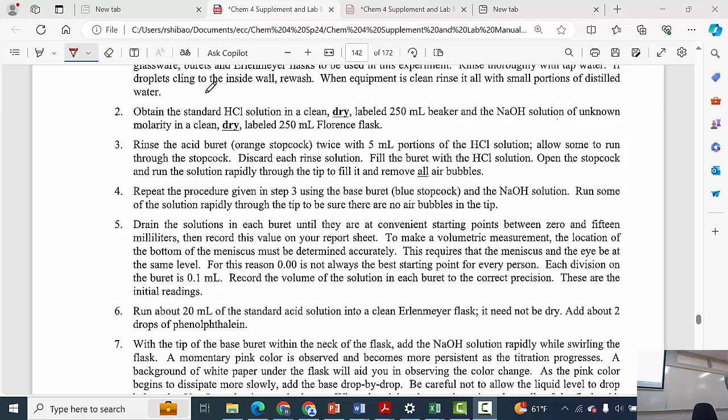I'll make a little air gap in the funnel. Fill this to above the 0 mark, and then purge the air out of the tip.